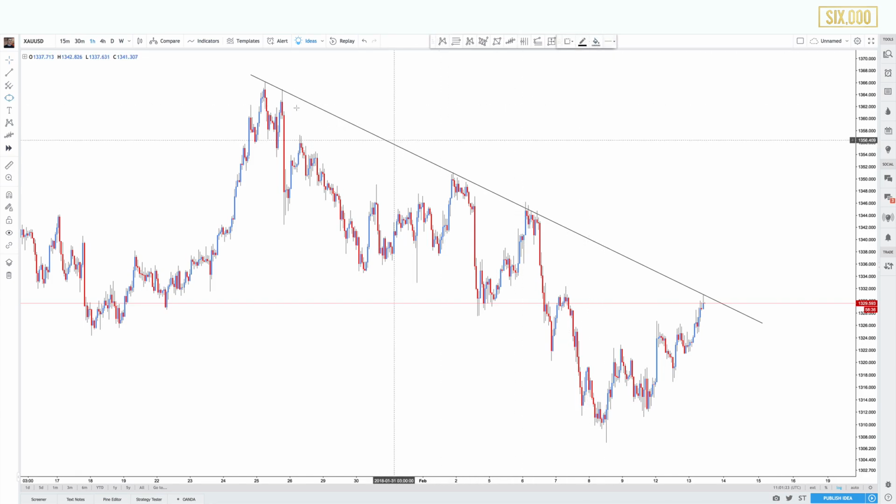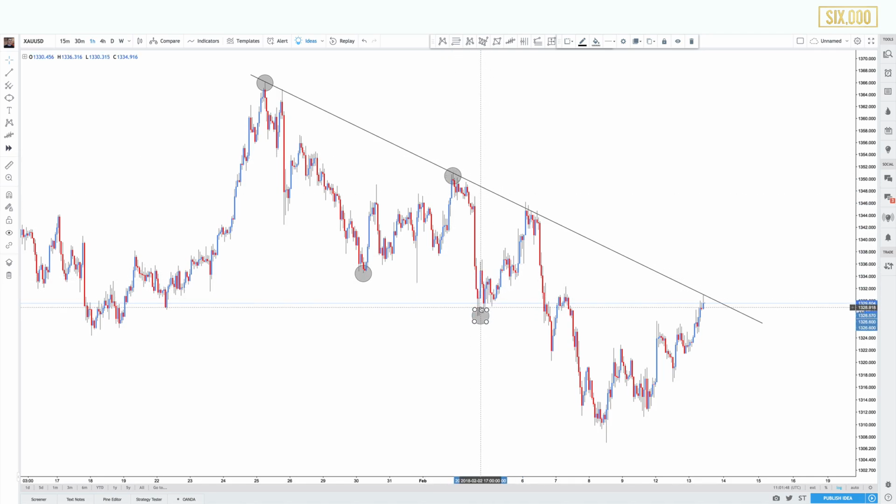Now I'm going to grab the ellipse tool again and just show you we've got the starting point of our downtrend here. Then we have our initial low. You could even use this area here. This is a massive spike in price. So again, I would probably use this area here for the initial low, followed by initial high or lower high.